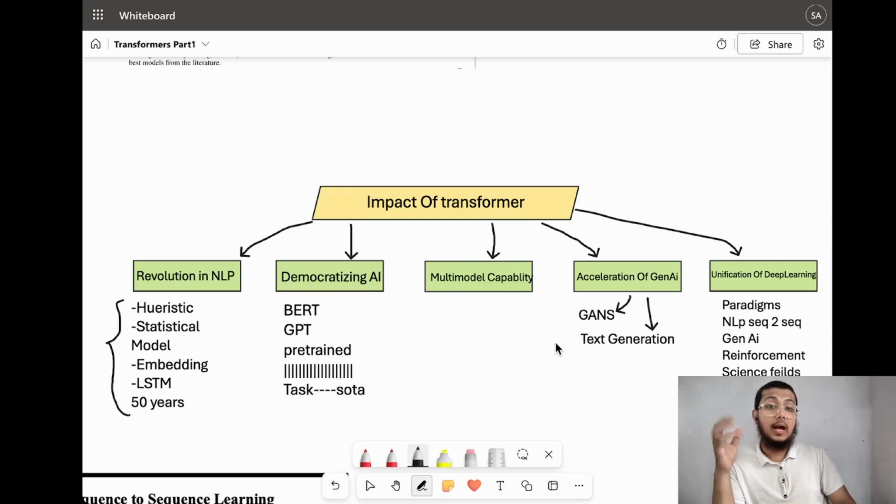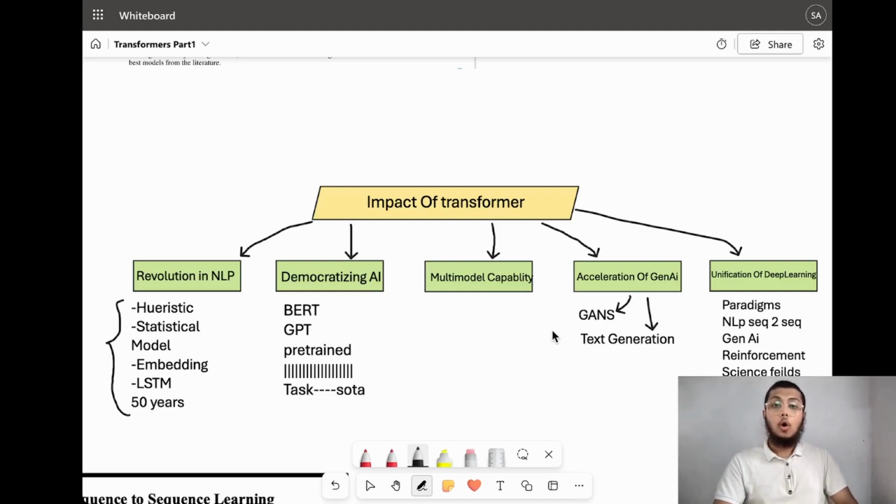What I mean is that earlier, if you had to make an NLP application, you used to build the model from scratch using LSTM in deep learning, etc. Now obviously, if you are building a model from scratch, then you will need a lot of data.